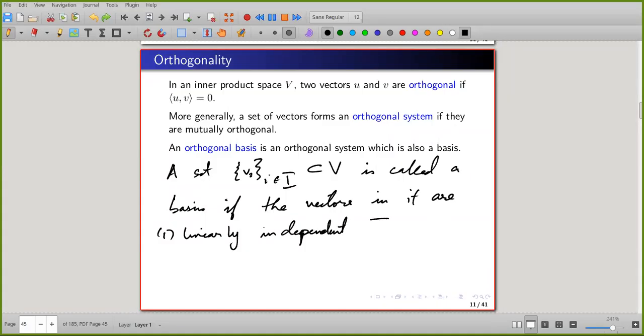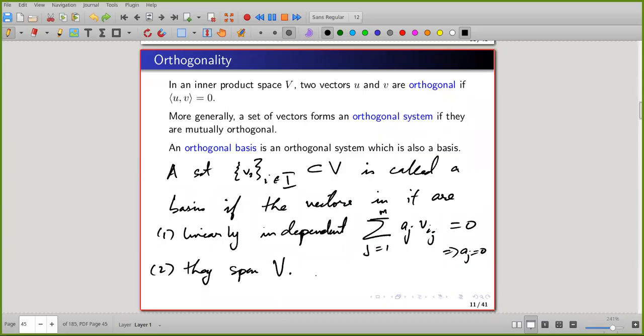What does this mean? It means that if I have any finite relation, the sum over j equal to 1 to m of a_j v_{i_j}, then all the a_j's are 0. And second, they span V.